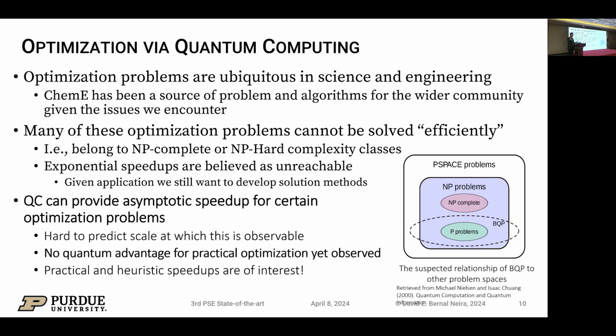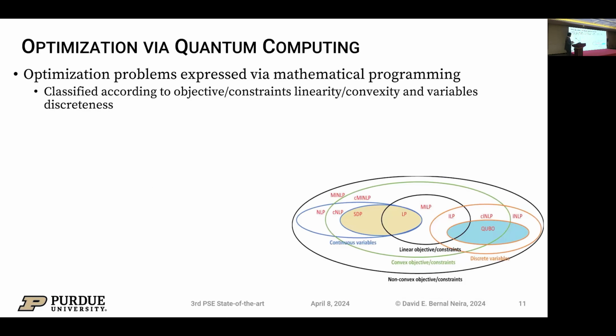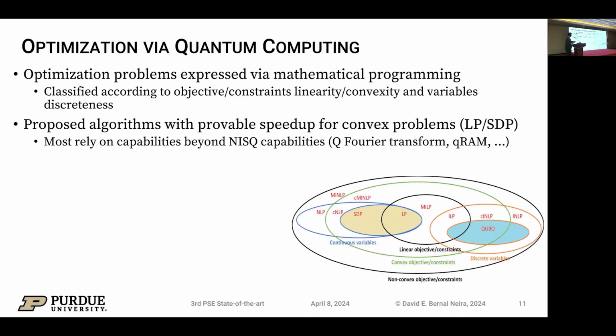Okay, so just setting the table. In the review paper, we spent some time classifying optimization algorithms. This is classified according to the nonlinearity of the objective and the constraints and the discreteness of the variables. So you can find your favorite optimization problem in this map. And basically, we highlight two areas. The yellow one, which has linear programming and semi-definite programming.